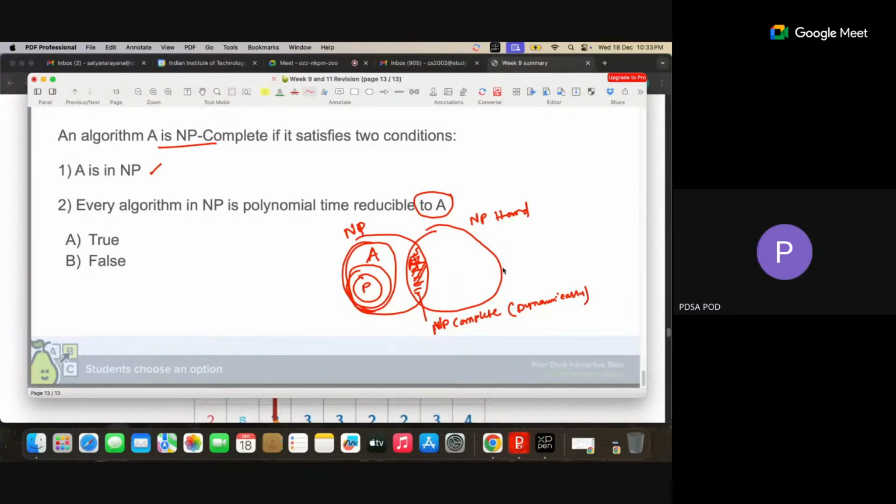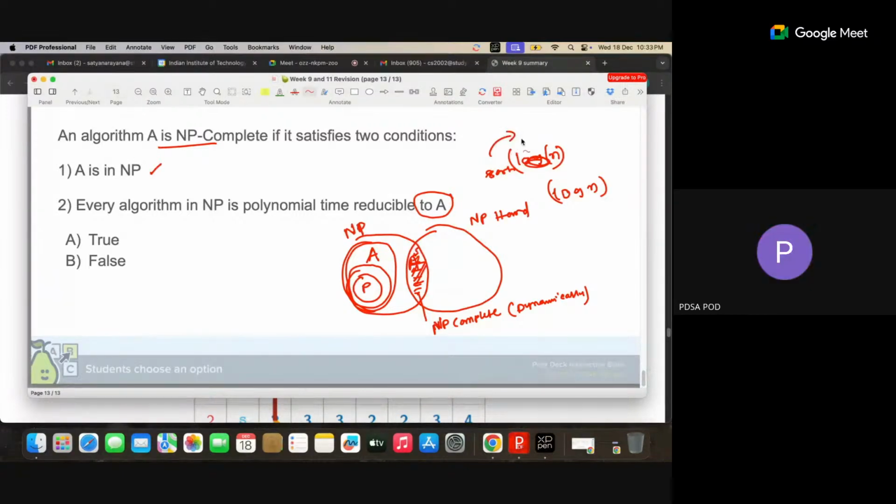Sorting is there and searching is there. If you want to do log n searching, the input must be sorted.